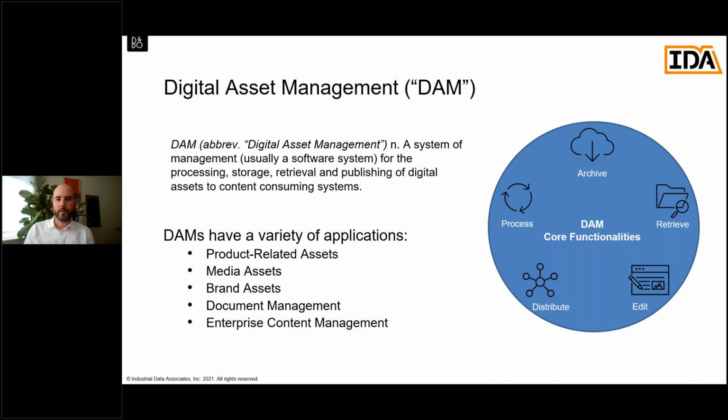They also have a variety of other uses. So media companies might use DAMs to manage other types of digital assets. Brand advertising management is a big part of DAM. Document management and creating documents is a huge functionality for DAMs, as well as large enterprises might use DAMs to sort of manage all of their assets.